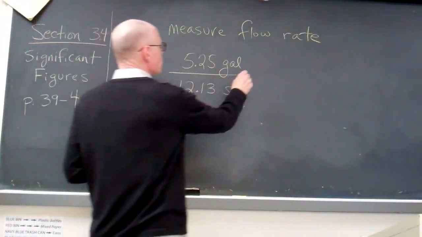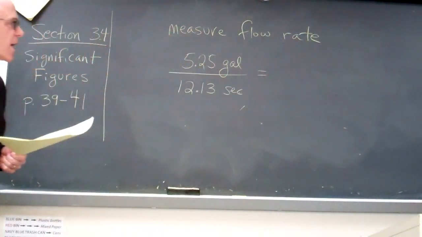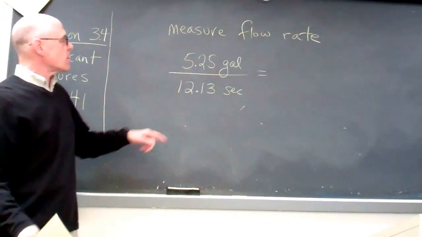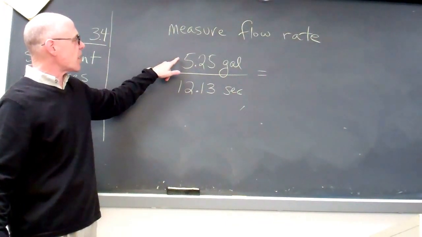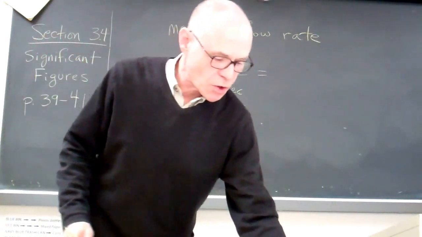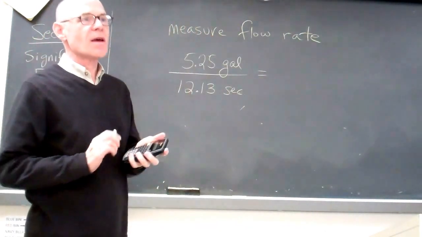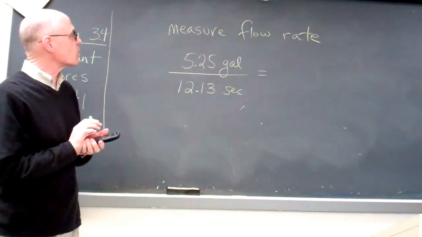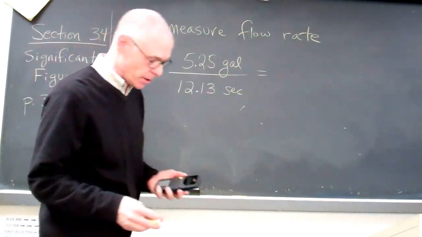To calculate the flow rate in gallons per second, you divide the 5.25 gallons by 12.13 seconds. So go ahead and pull out your calculators and actually do that. See what result your calculator gives you.